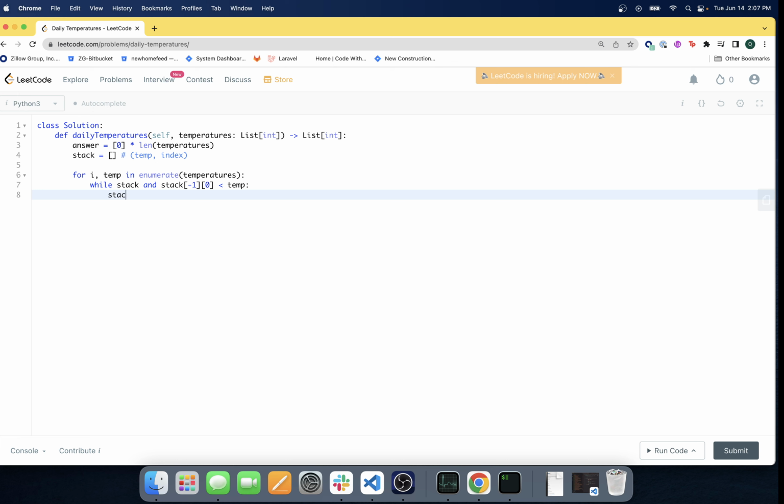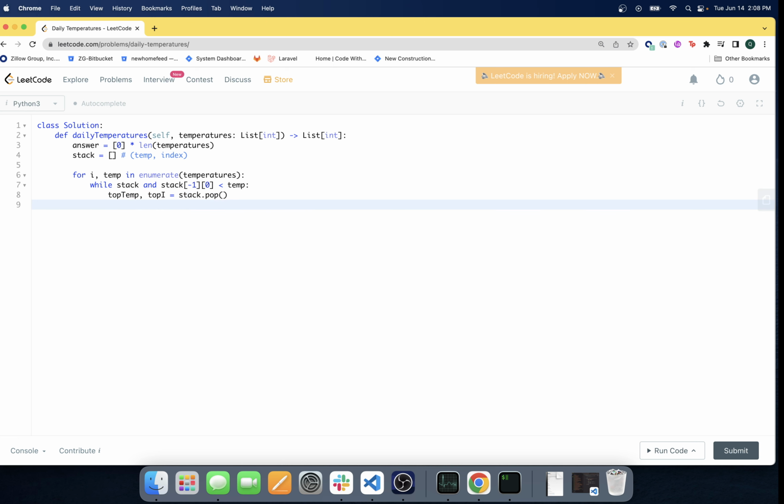We're going to do stack dot pop, and that's going to give us our tuple. So we're going to get our top temperature and our top index.